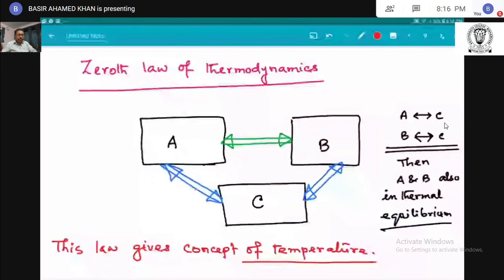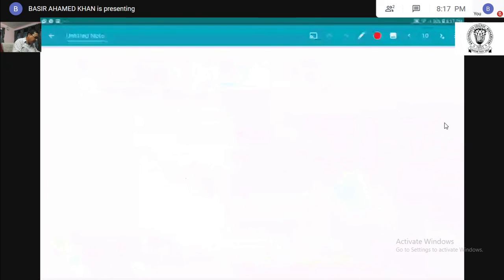Now the state function. Equation of state. This is the next topic.